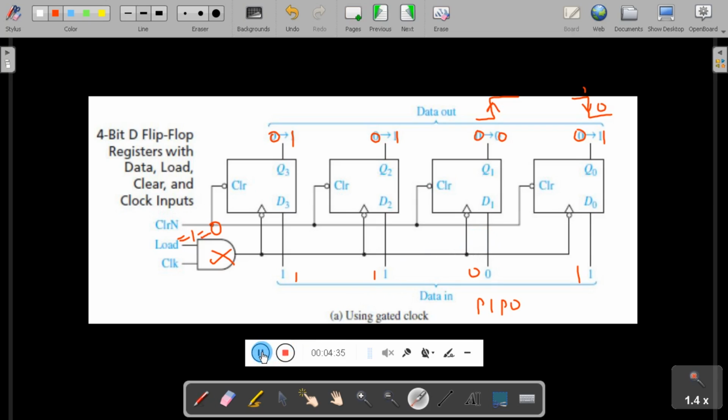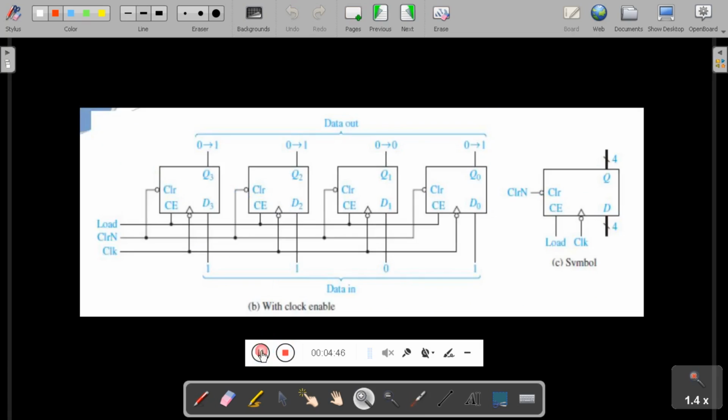Now we will see one more circuit diagram which makes use of an enable signal. This circuit diagram shows the 4-bit register made using D-type flip-flops as explained earlier.